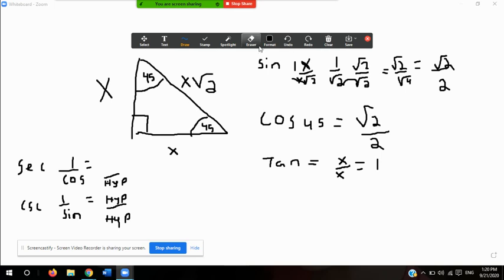So let me erase this as well, and let me fix that. So the cosecant is 1 over the sine, or the hypotenuse over the opposite. And here the secant is the opposite of the cosine, which is hypotenuse over adjacent. Now I have this done correctly. I apologize for the mistakes.